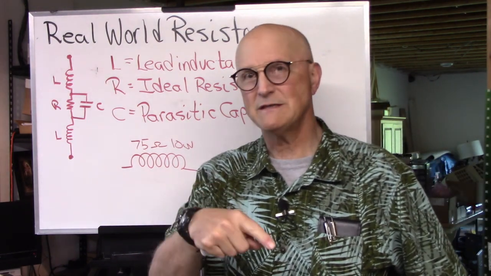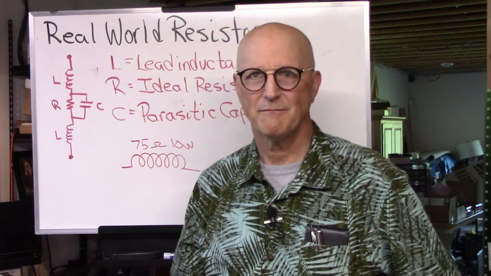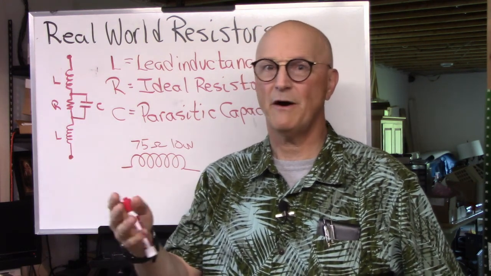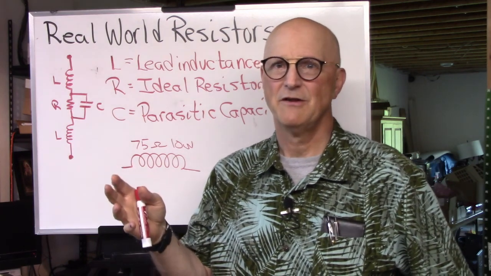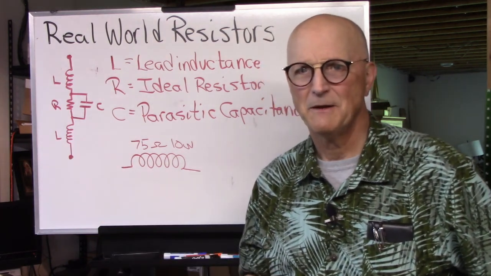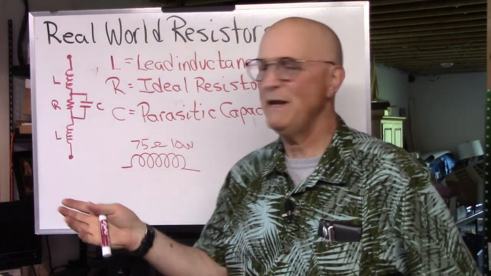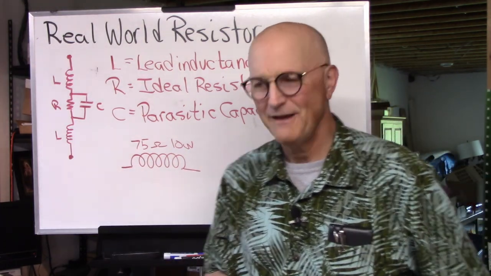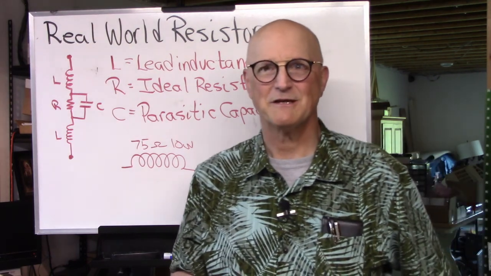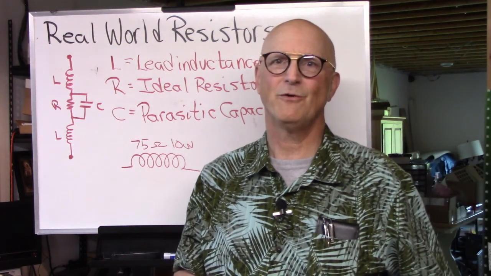Now, I increased it to 30 megahertz, and now the real part is 108 ohms plus the effect of the inductance. We end up with an impedance of my wire wound resistor at 30 megahertz of 649 ohms.